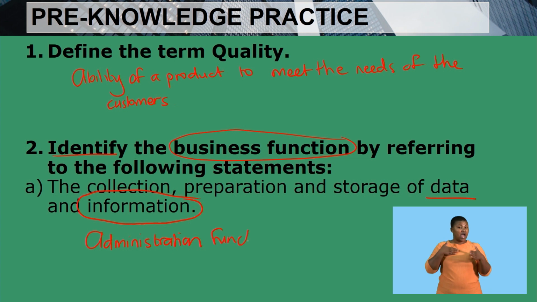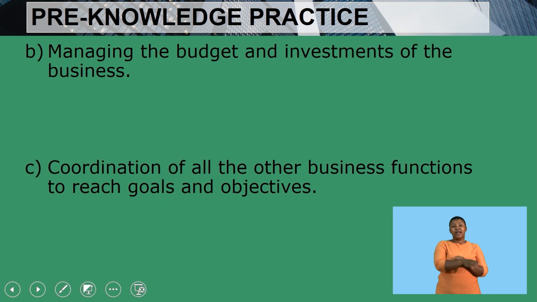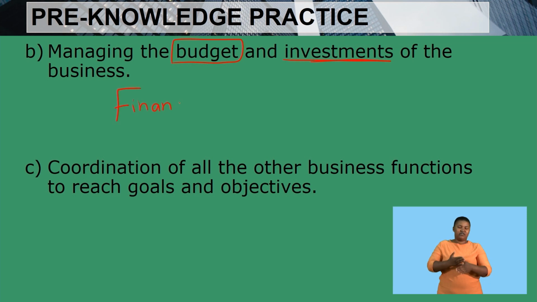So there we go. Administration function, of course, their job is to store all data and information in the business. Then B, managing the budget. There's our clue, budget and investments of the business. So of course our budget is compiled by the financial function. All right, so financial function, they manage the funds or the money of the business.